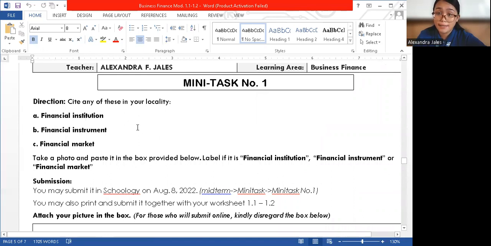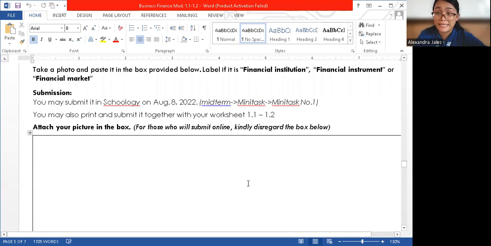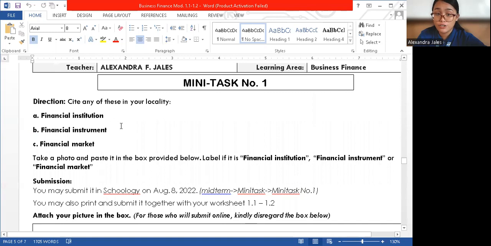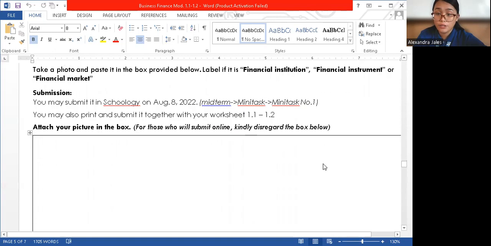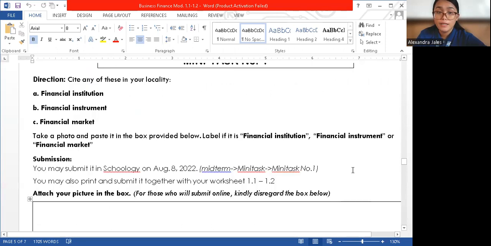It could be a bank, it could be a contract, it could be a market, any of these could be used for your mini task. It could be a financial institution, financial instrument, or financial market. Just take a photo and you could paste it here. Clear? And if you want to submit it in Schoology, you could search for this.